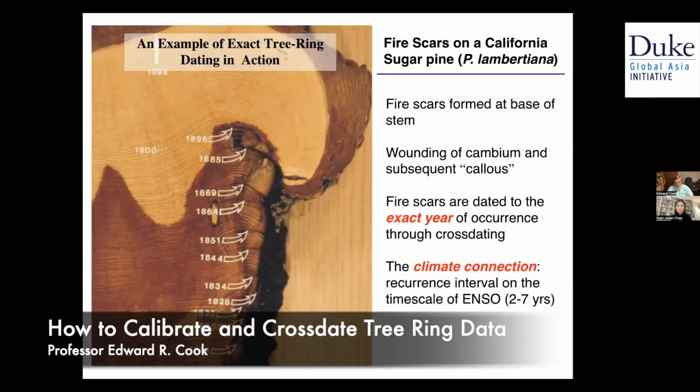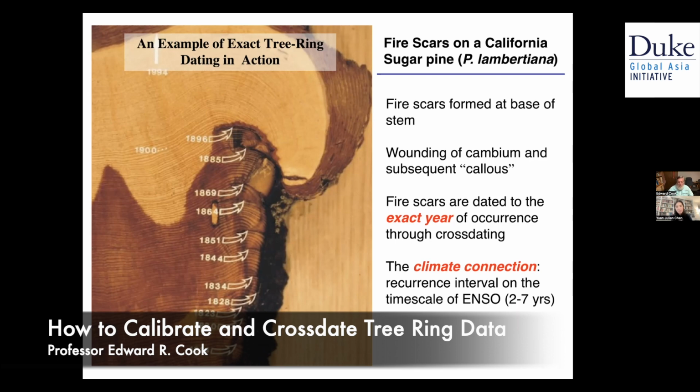Just an example here of exact tree ring dating in action. Here's a fire-scarred tree, sugar pine from California, showing the dates of fire scars. Without cross-dating, we would only be able to guess when these fires happened that produced the fire scars. So this shows the timing of the formation of these scars.